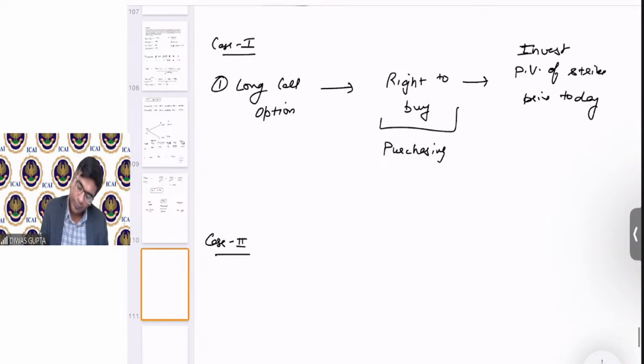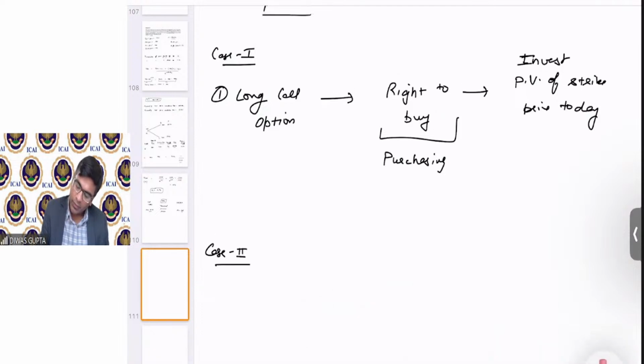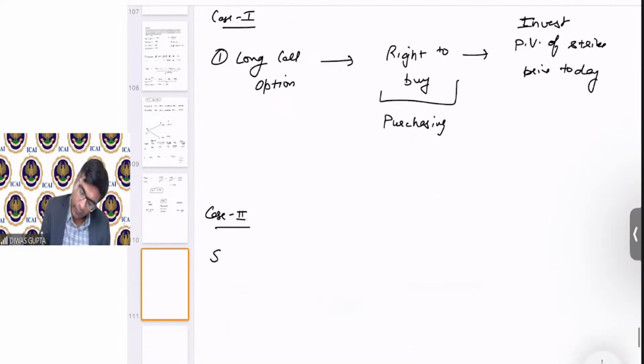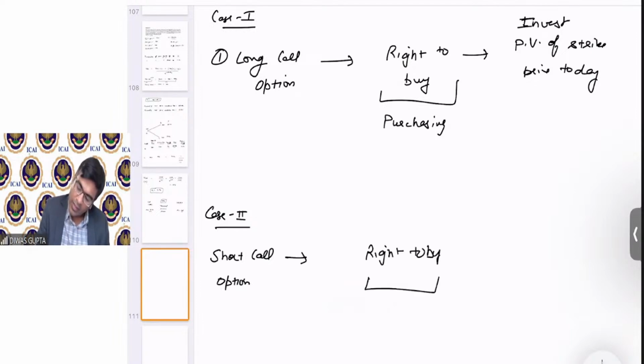Case two. In case two, we are doing a short call option. In this case, the right to buy, you are selling.